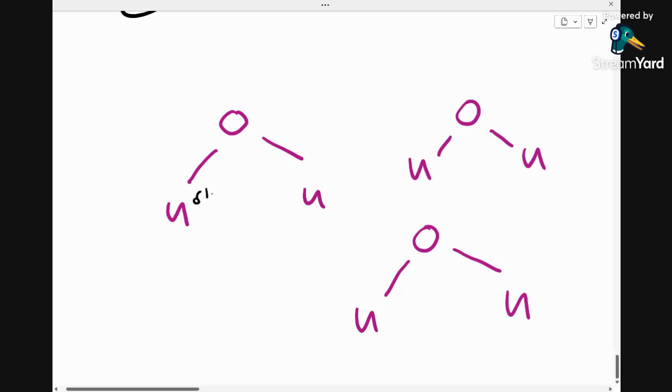So we're going to draw delta positives for our hydrogens, and we can put our delta negatives in for our oxygens. And actually, we're going to put our lone pairs in as well. So 2 lone pairs on our oxygens, like so.